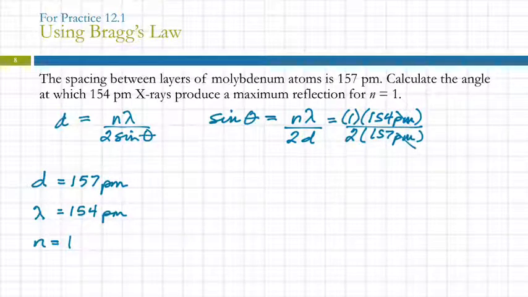The picometers cancel out, so we don't need to do any unit converting there. So 154 divided by 2 divided by 157. So that equals 0.49044506. Way too many sig figs, but when you've got logarithms or trig functions, more digits is better. So that equals sine of theta.